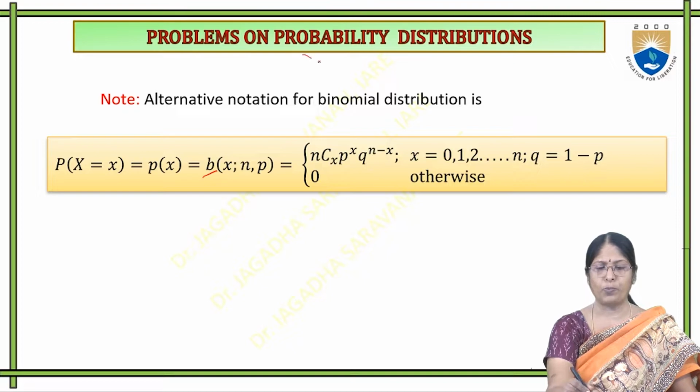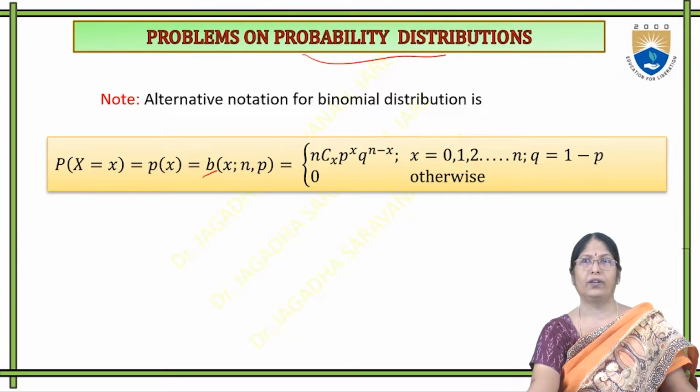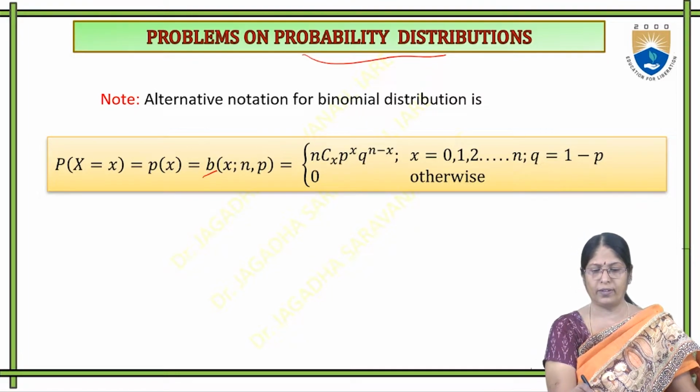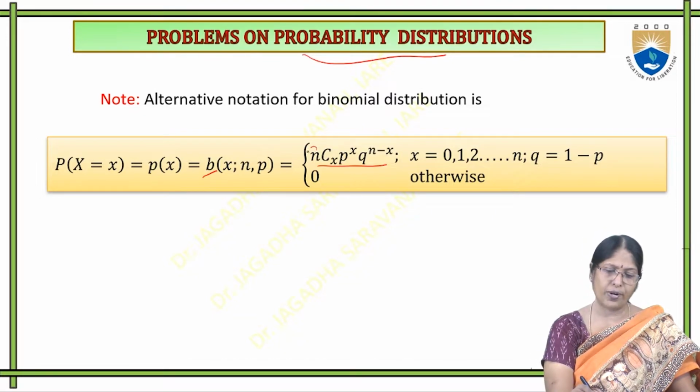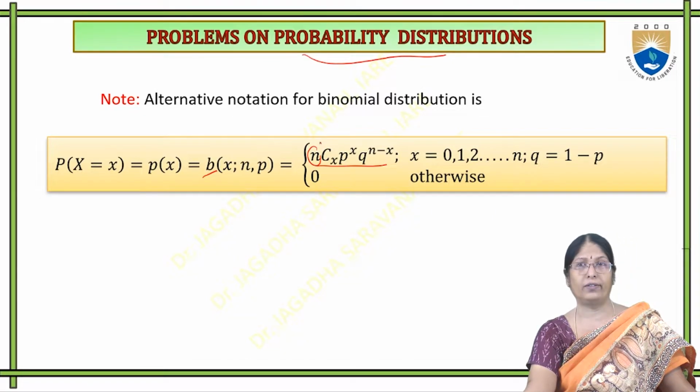Totally, ours is probability distributions, and we are going to discuss three distributions. The first one is binomial. The binomial distribution formula is nCx p^x q^(n-x), where n represents the number of trials.